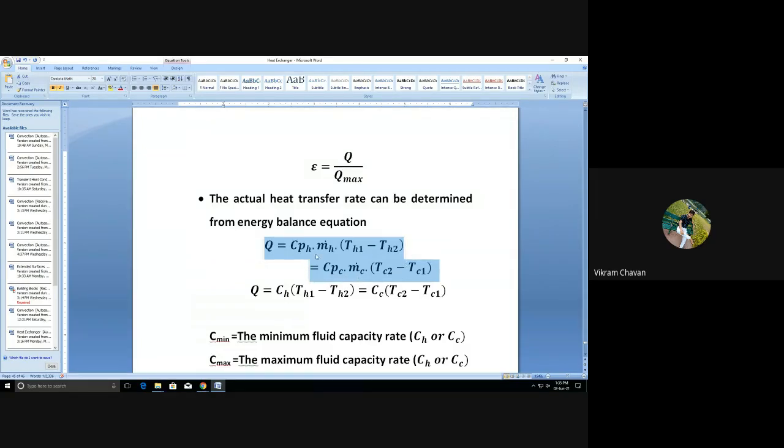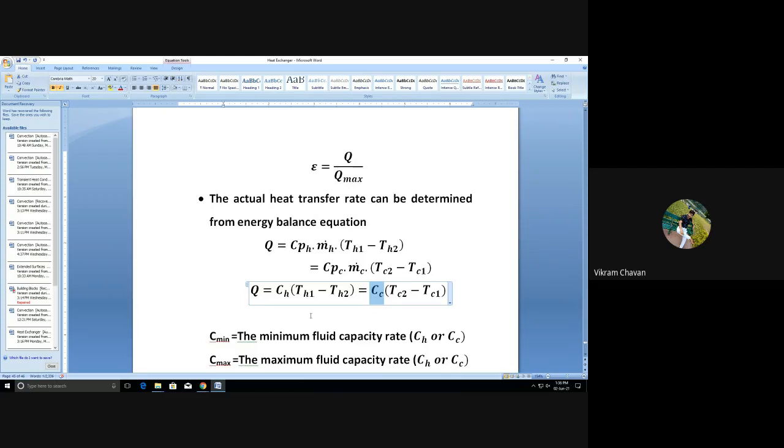Here, CPH multiplied by m dot h is nothing but the heat capacity rate of the hot fluid, which we write as C suffix H, and CPC multiplied by m dot c is the heat capacity rate of the cold fluid, which we represent as C suffix C.